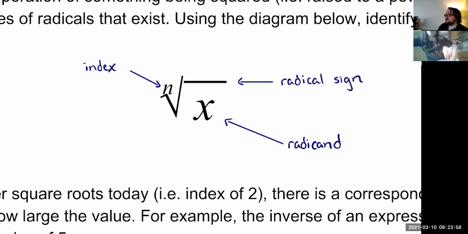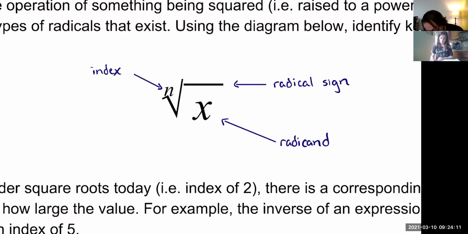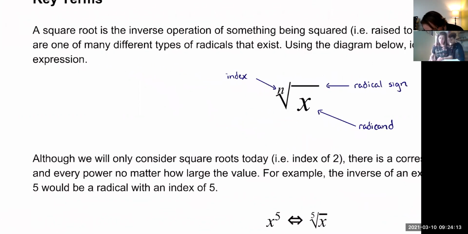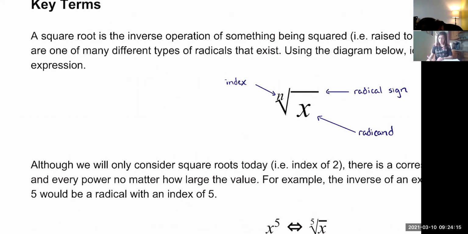Now, the square roots we've been dealing with so far have had an index, but it is the one index that is hidden a majority of the time. So off to the side here, I'm going to make a little note. The square roots, so let's say the square root of 4, for example, which hopefully we all know is 2.